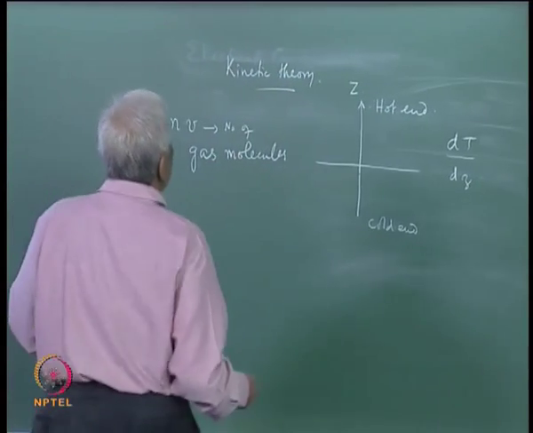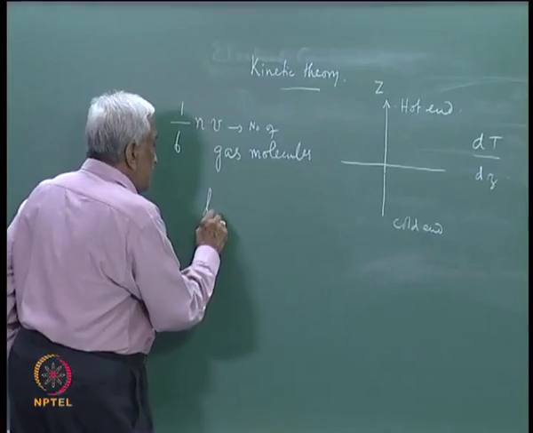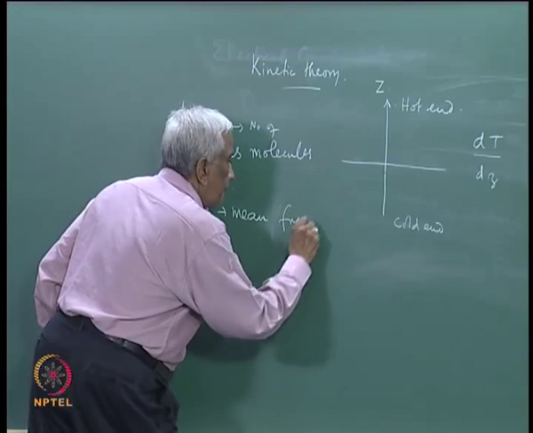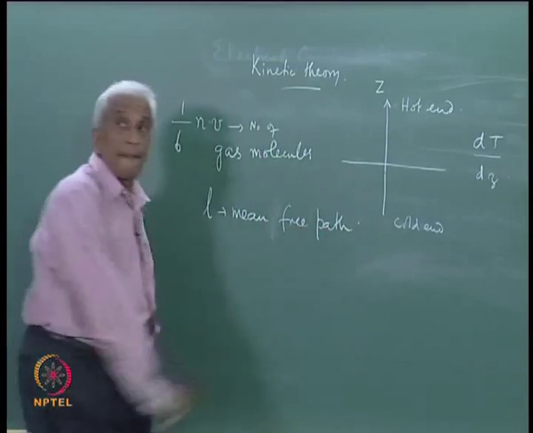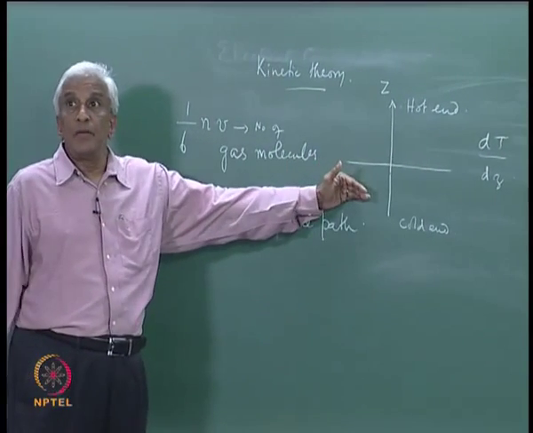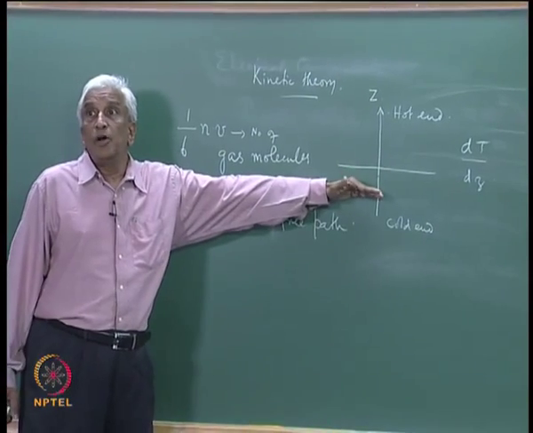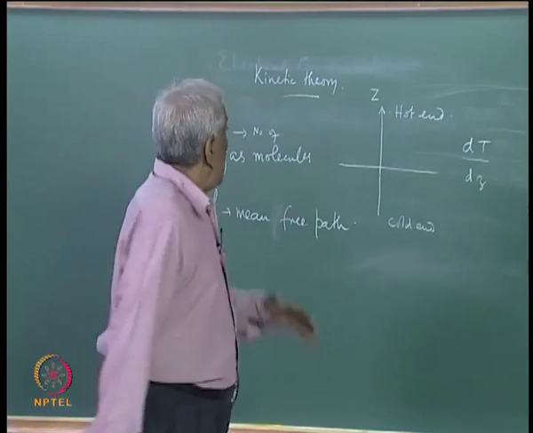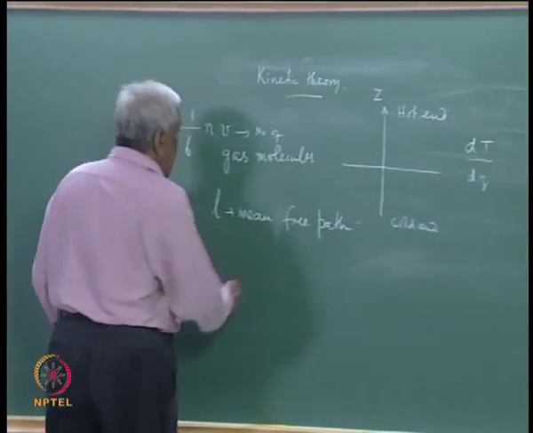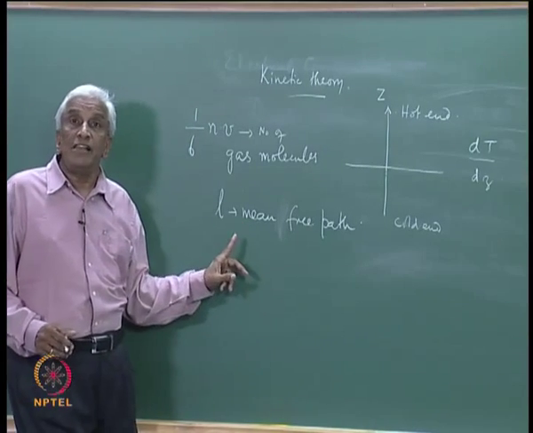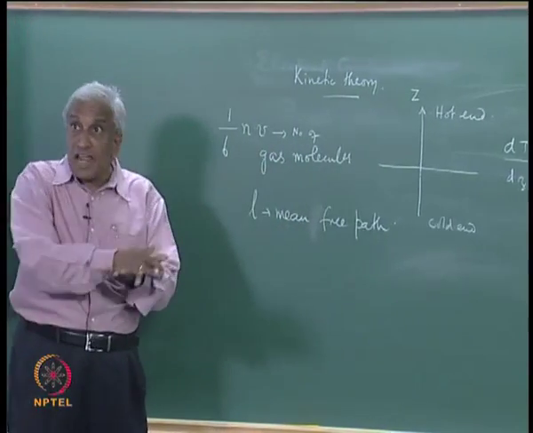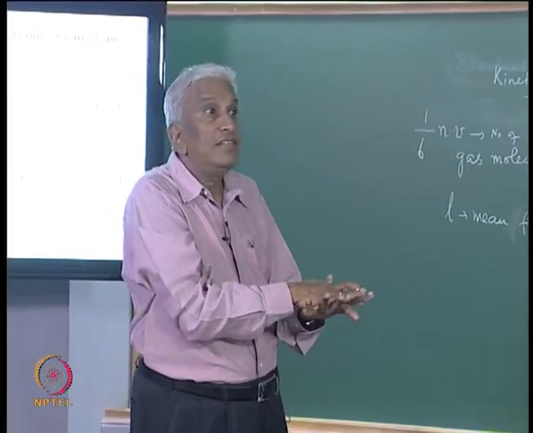So, from this unit area, if L is the mean free path, just before one collision, before they cross this unit area at the central section of the z axis, those molecules would have to travel a distance L in order to reach it. Only those molecules will transport heat from the hot end to this unit area.